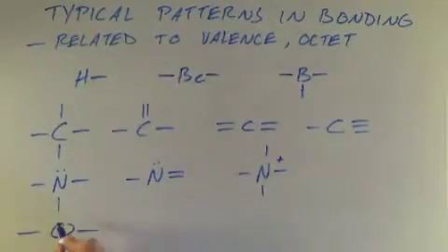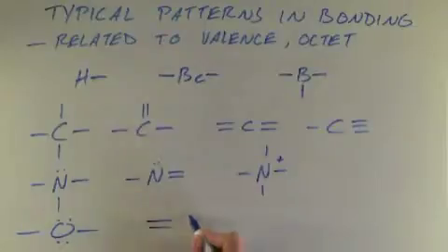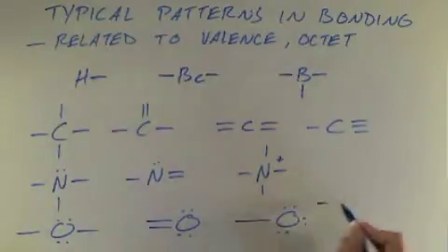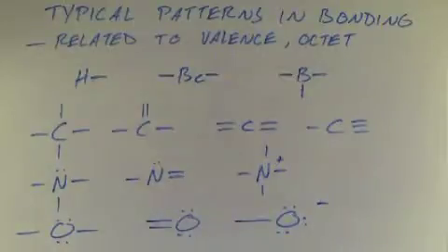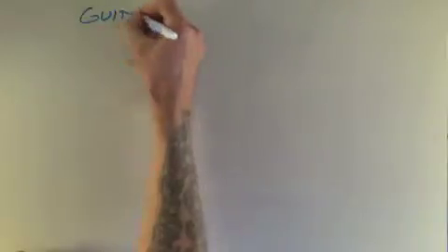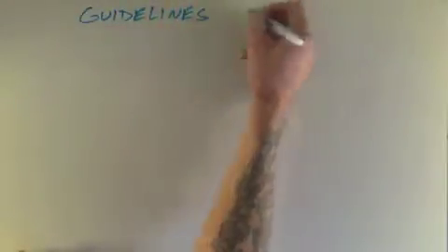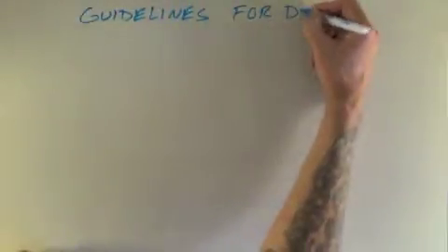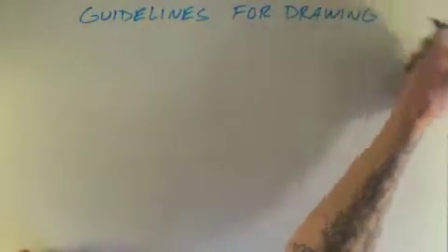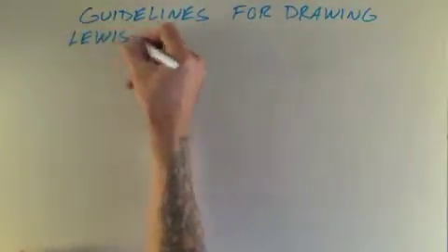If we look at oxygen, again in group 6, typically 2 bonds. 2 single bonds, a double bond, or maybe even 1 single bond with an extra charge on it. Those are typical patterns in bonding, all based on the number of electrons that something has as its valence and how many it needs to complete an octet.